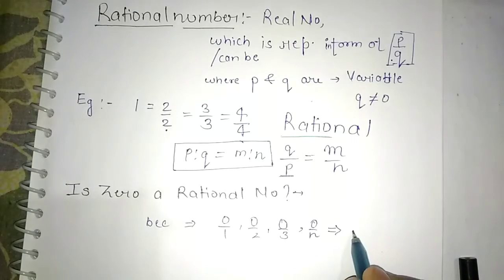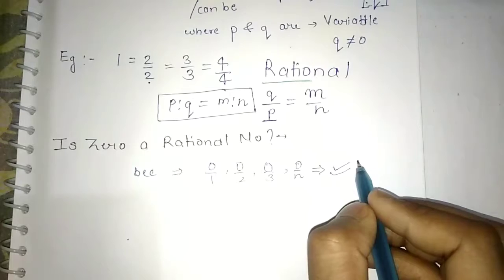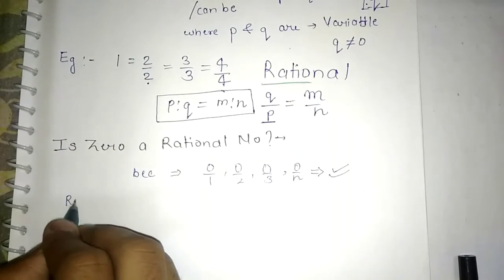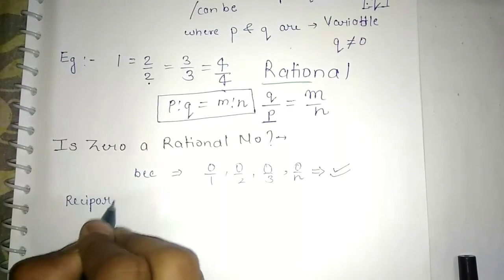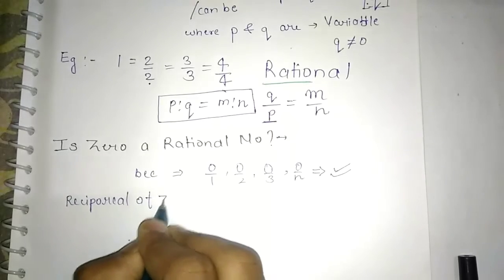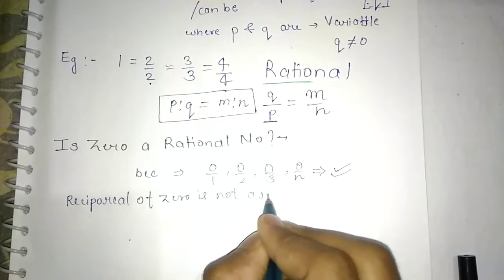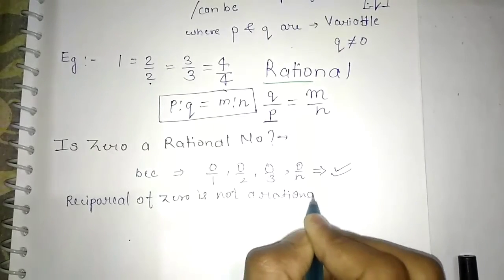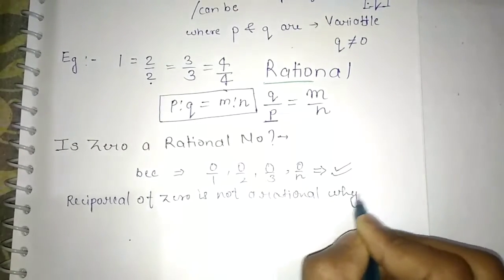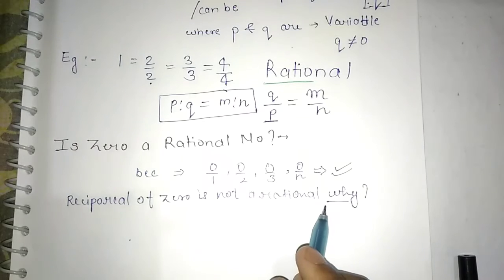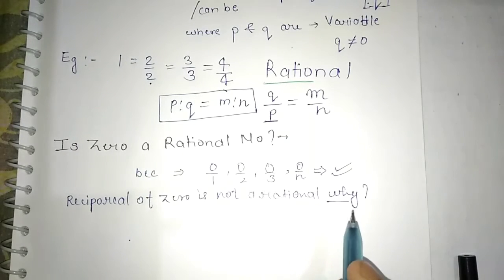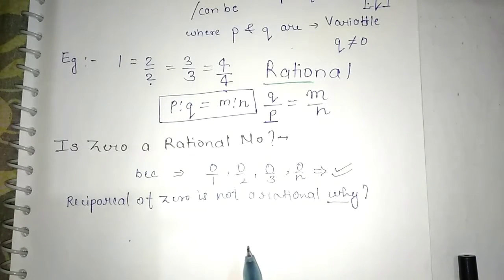So it is a rational number, but its reciprocal is not a rational number. The reciprocal of 0 is not a rational number. Why? You have to answer it by yourself. Comment the answer in the comment box.